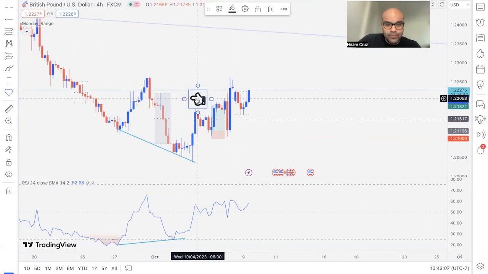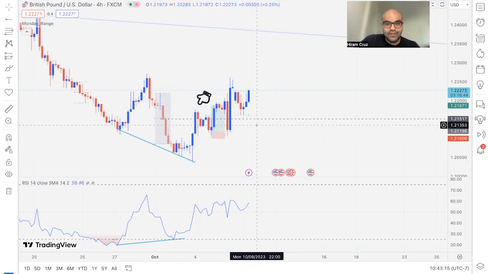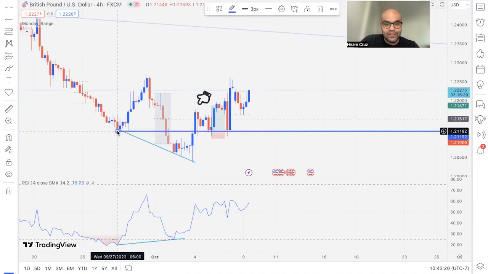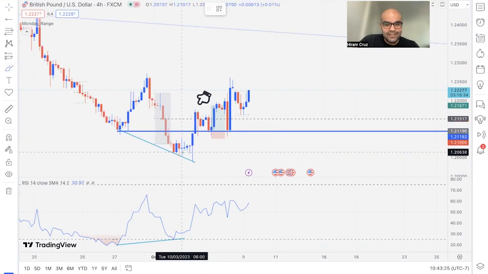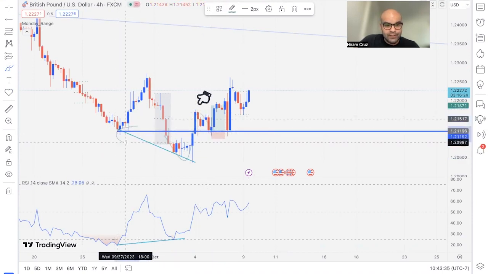Once we saw that the market broke inside of Monday right here, and it broke above that 50%, now we wait for our entry. And our entry is this left shoulder right here, the previous low. And so the market did exactly just that. It broke out of it, it came back inside, closed above the 50%. Now we look for that retest of this left shoulder right here.